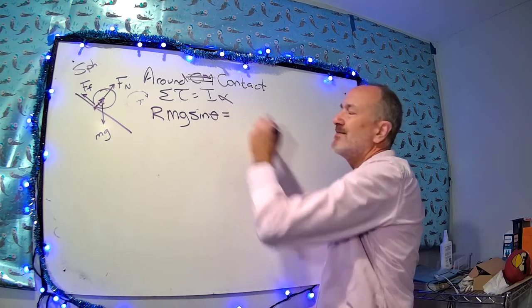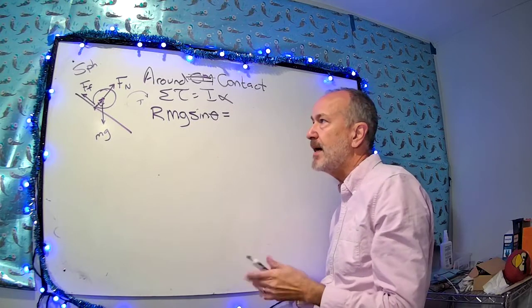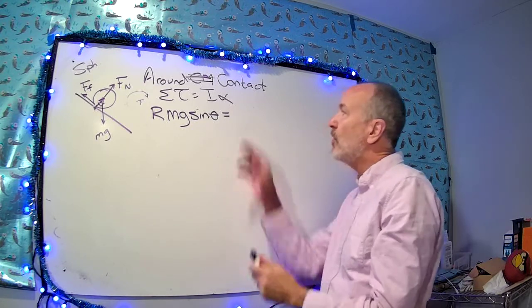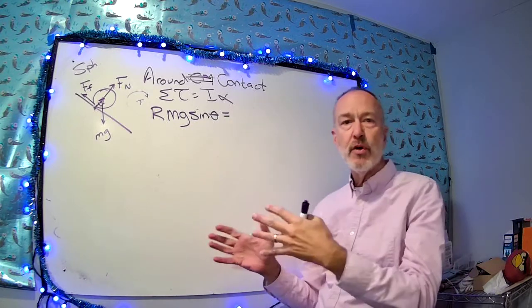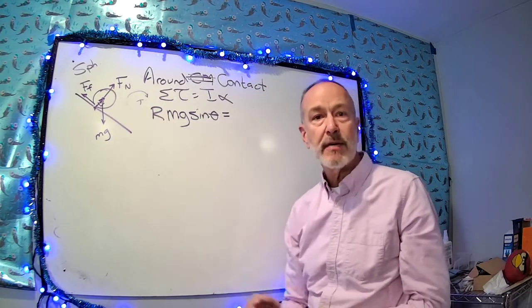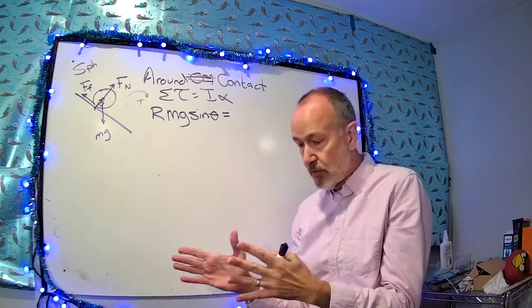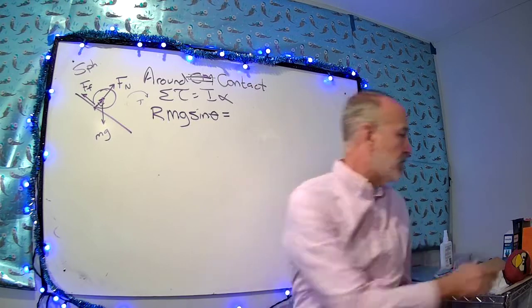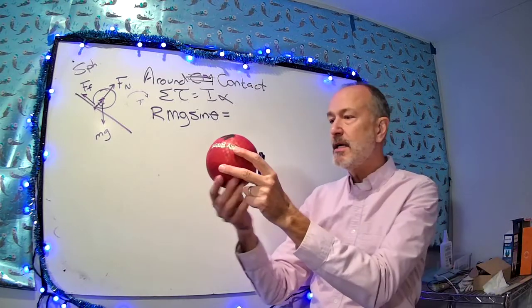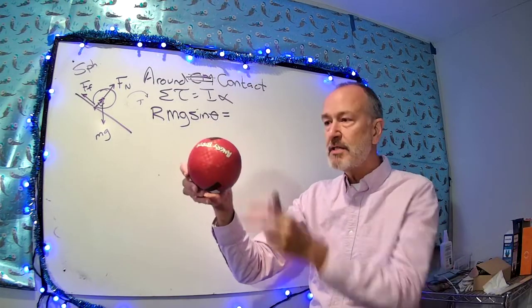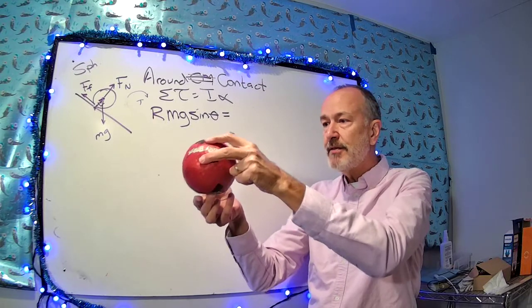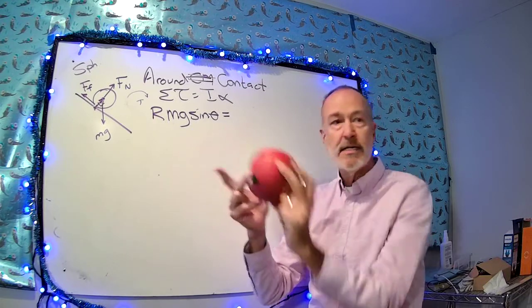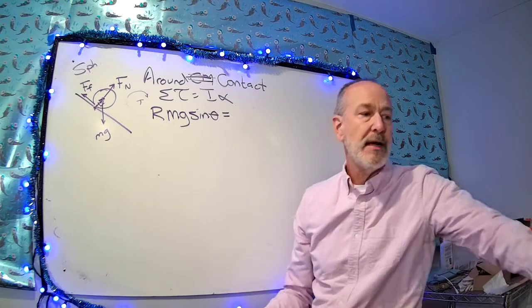I is a little more complicated. Here's why. That ball, now, we're not talking about how hard it is to rotate it around the center of mass. We're talking about how hard it is to rotate it around the end of the ball. So it's the difference between this is easy to rotate. If I rotate around this point, it's harder. I have to move that whole thing around.